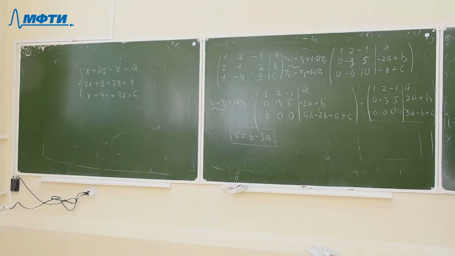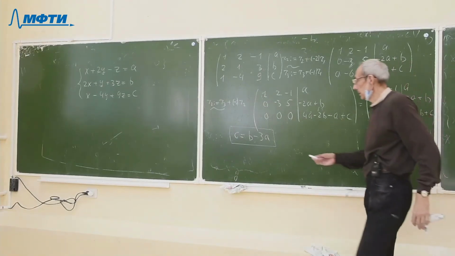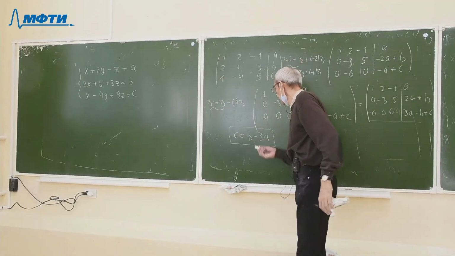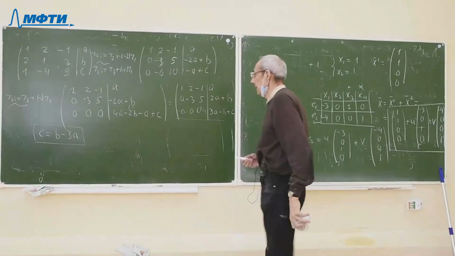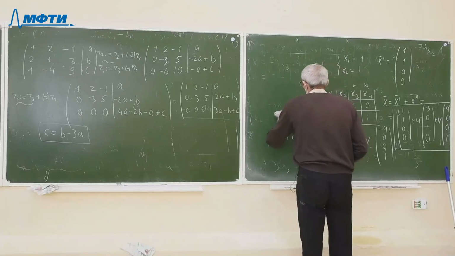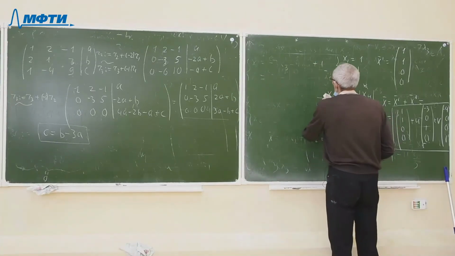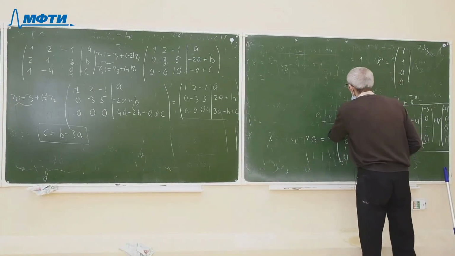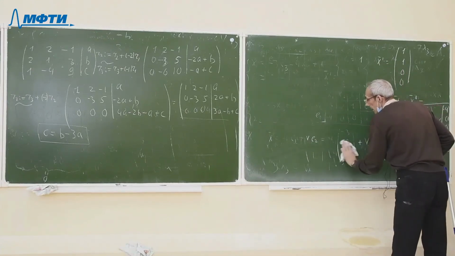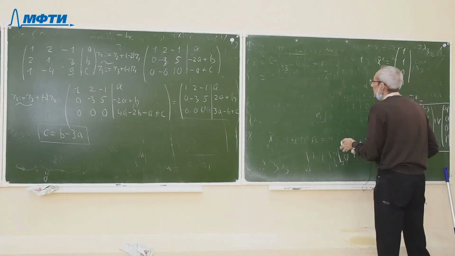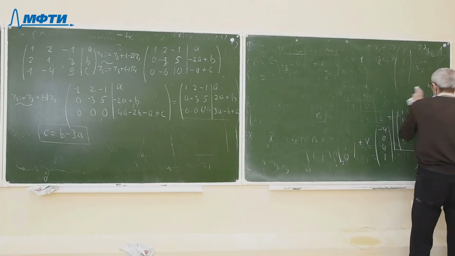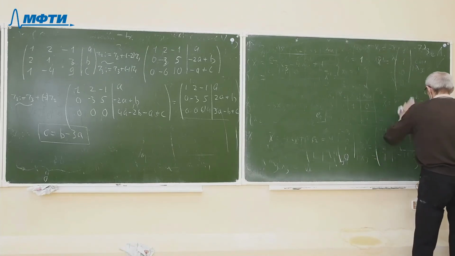If c is equal to the difference of b and 3a, that is, c equals b minus 3 times a, this linear system has a solution, and we can obtain the solution.